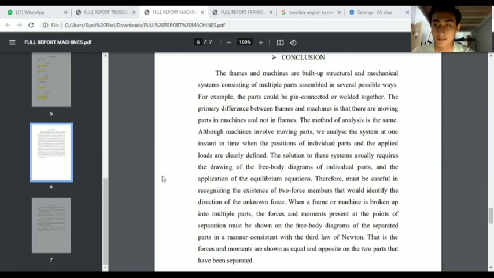The machine is broken up into multiple parts. The forces and moments present at the points of separation must be shown on the free body diagrams of the separated parts in a manner consistent with Newton's third law. The forces and moments are shown as equal and opposite on the two parts that have been separated.